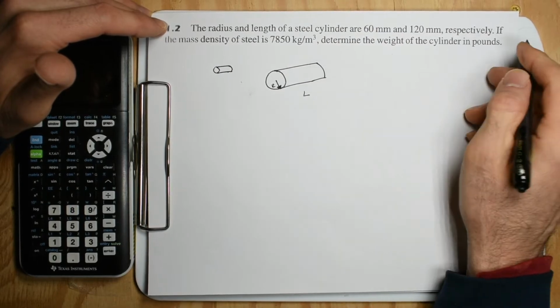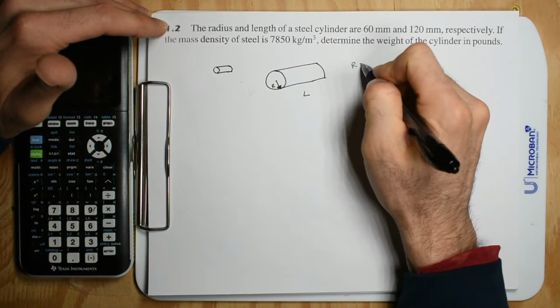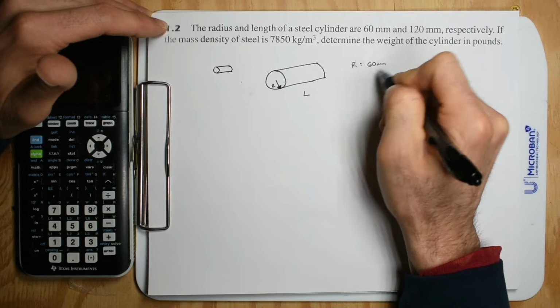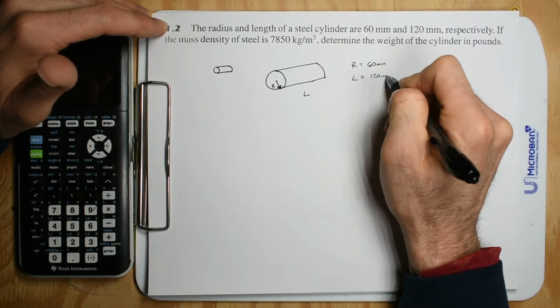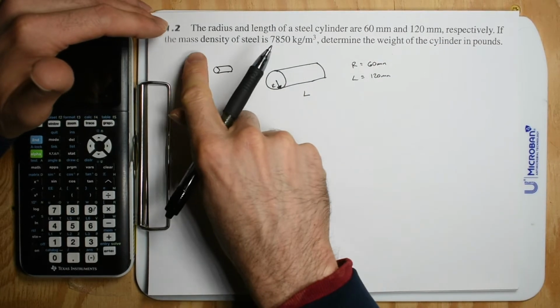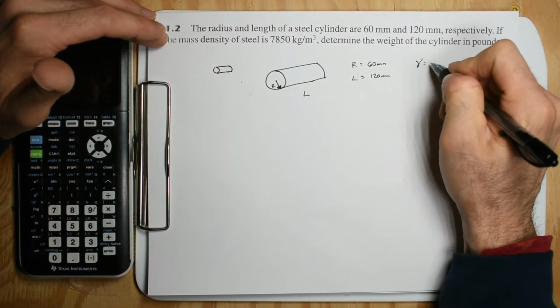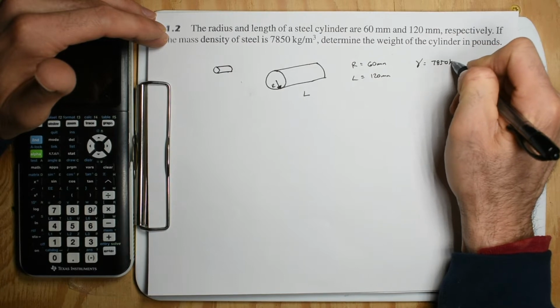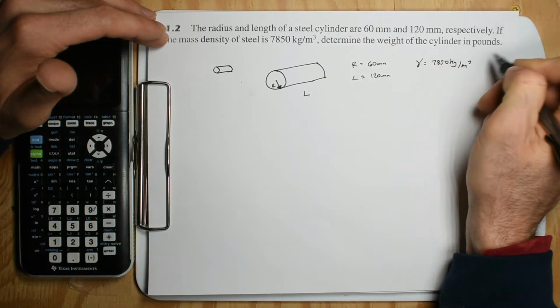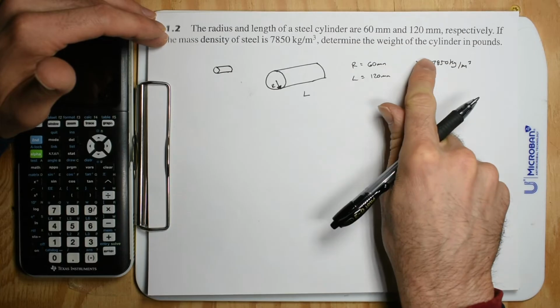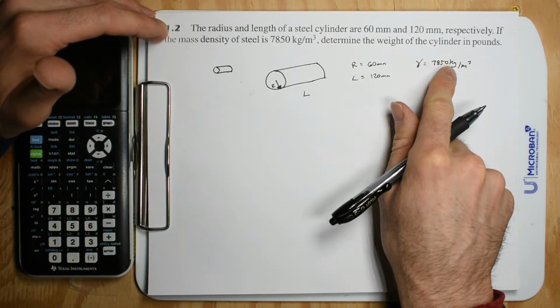Cool, so it's got some length. If the mass density of steel is 7850 kilograms per meter cubed, determine the weight of the cylinder in pounds.